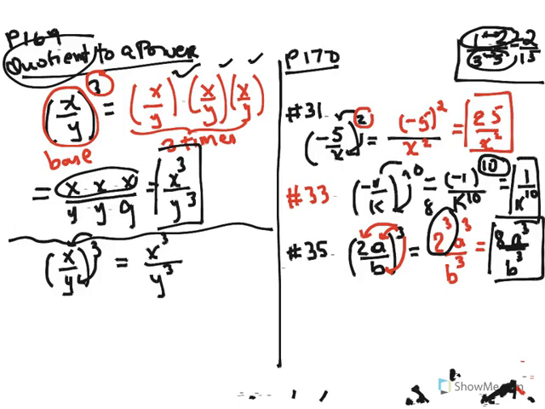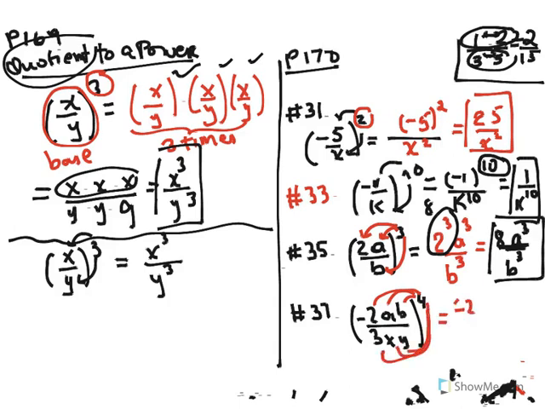Let me do number 37. And in number 37, I have -2ab, right, divided by 3xy, everything to the fourth. And remember, I'm going to do the distributive property, okay? Every single factor here.